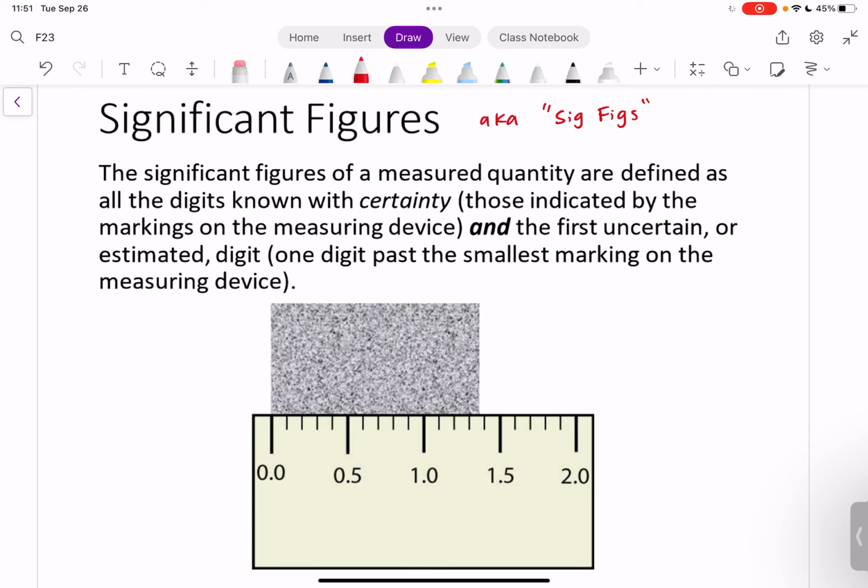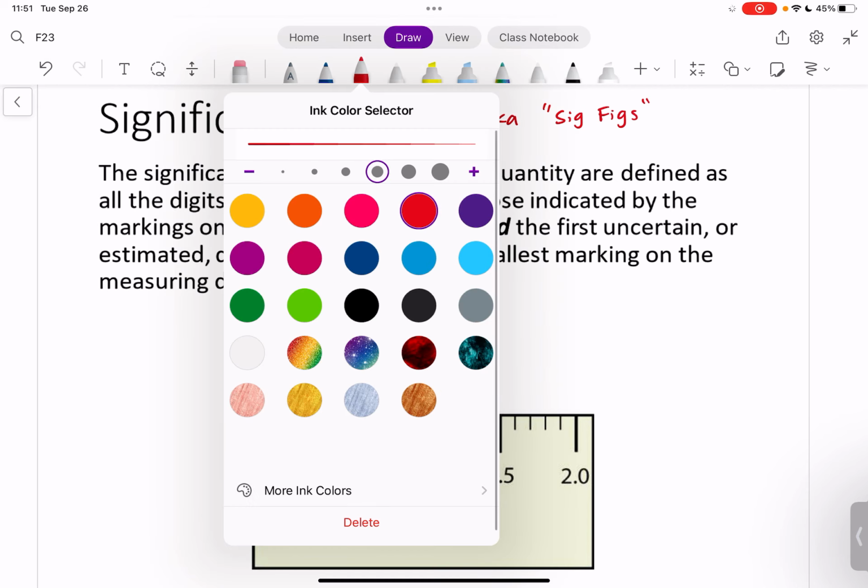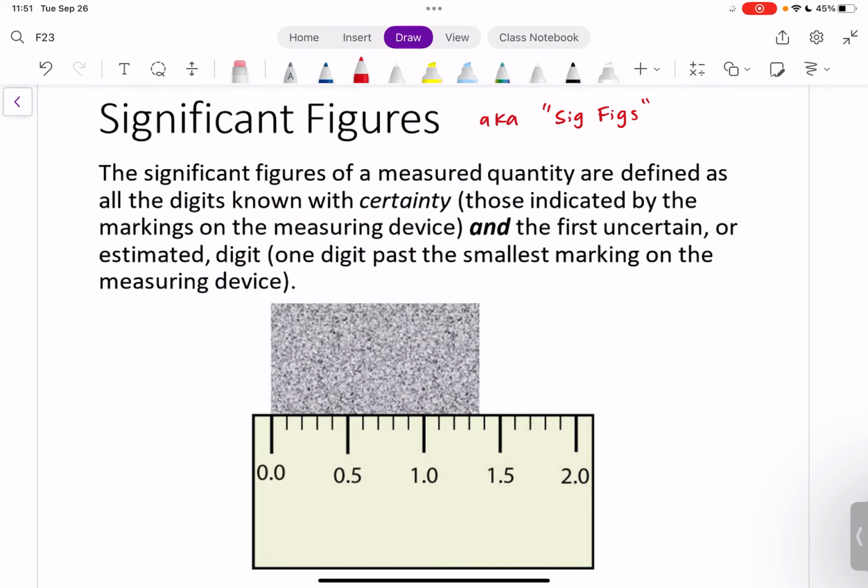So the idea is, say we're looking at this ruler here, and these are in inches, and I'm measuring this kind of block of metal here. And I'm noticing that this is where that block of metal gets to on our ruler. Okay, and I have some tick marks here, so I know this is 1.1, this is 1.2, this is 1.3, and this is 1.4.